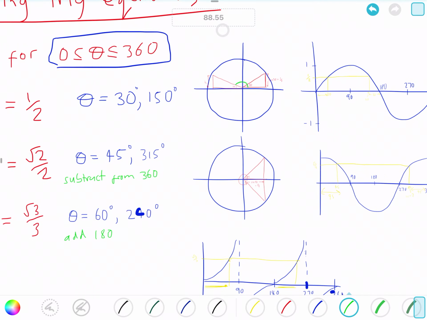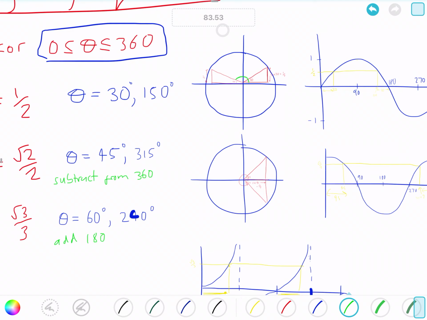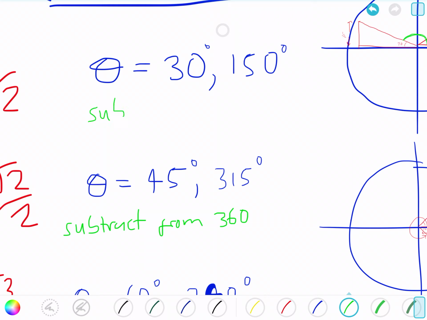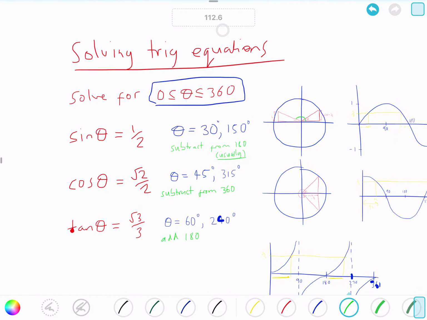Sine's a bit more weird, but usually you can just take away from 180. But I'll show you some more subtle versions of that. Sine can be a bit tricky. Watch out for sine, but basically that's what you have to do.